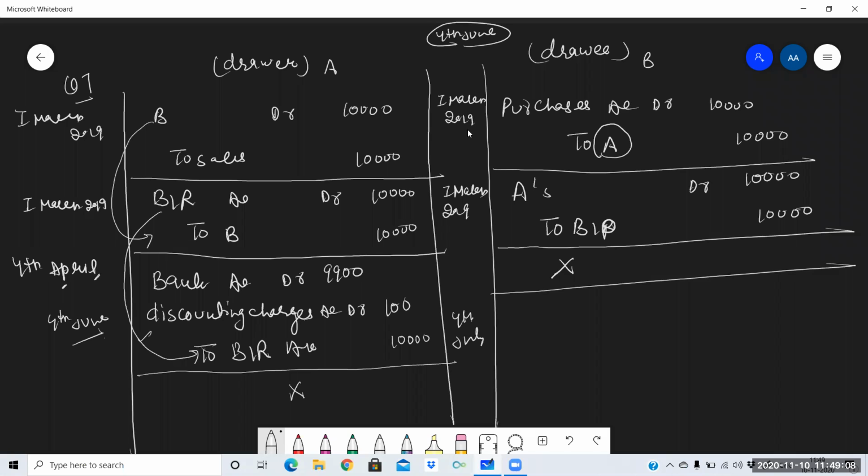So only the bank will be passing the entry in its books, as well as B will be passing his entry in his books. Okay, so the entry will be BP account debit. So the BP account now will be closed. BP is a liability.